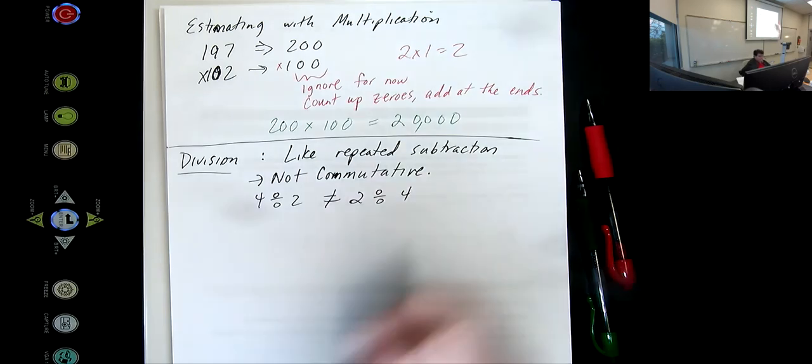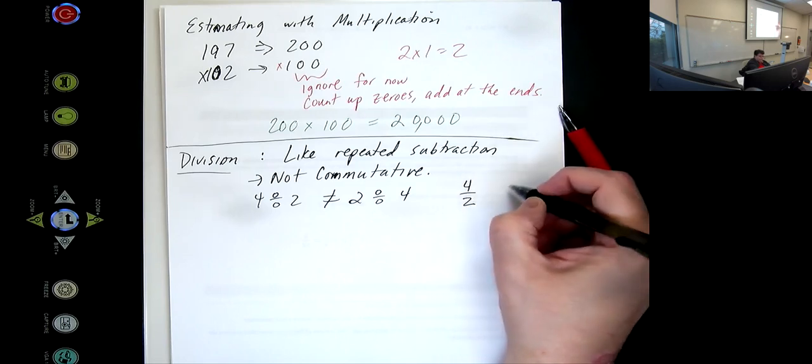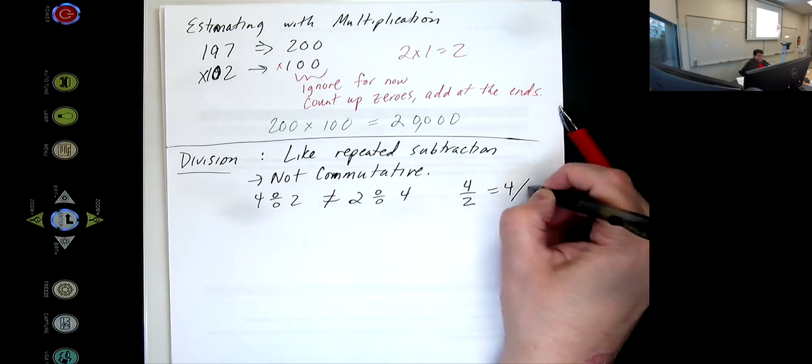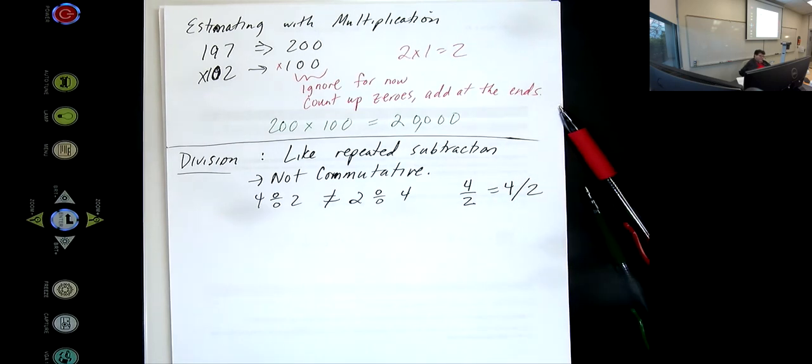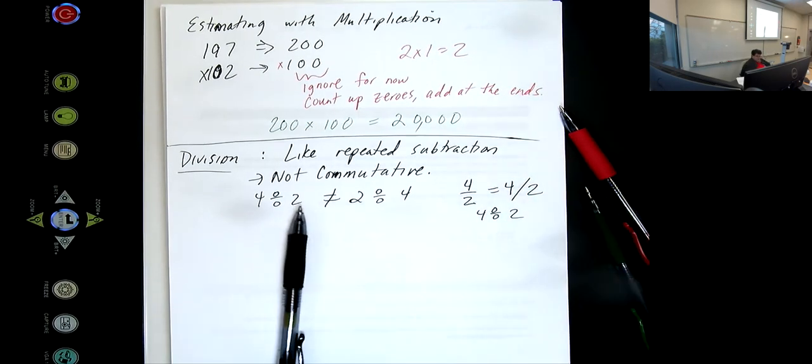Other division signs you'll see: 4 over 2 with a fraction bar. These are both 4 divided by 2. We'll cover that more later.